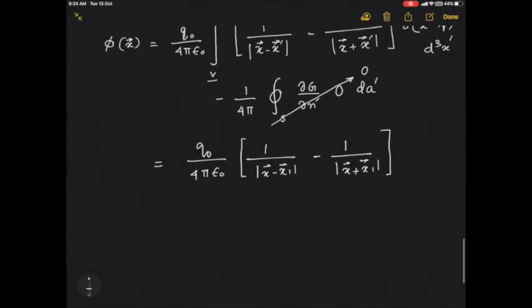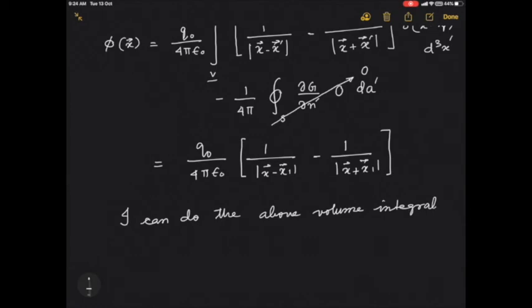So because I am not introducing any charge here which is outside my volume, let me write it here explicitly. I can do the above volume integral by shifting the integral limit to infinity.